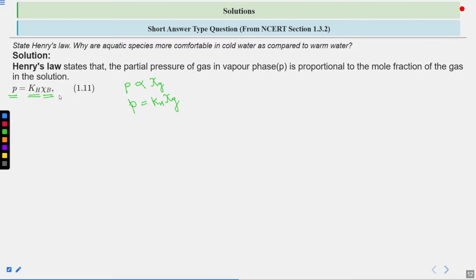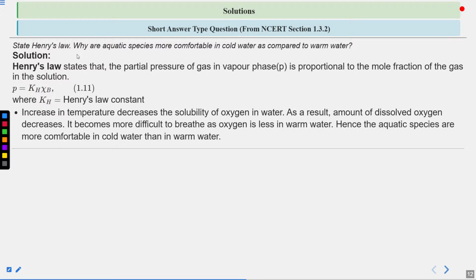So this represents what Henry's law states, and when you remove the proportionality sign, a constant comes, and you name this constant after Henry, which is Henry's constant. So kh is Henry's law constant.